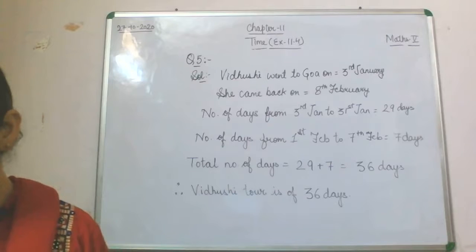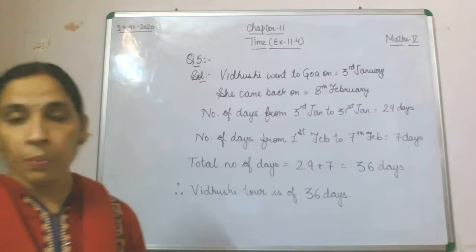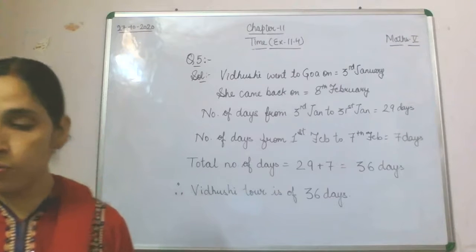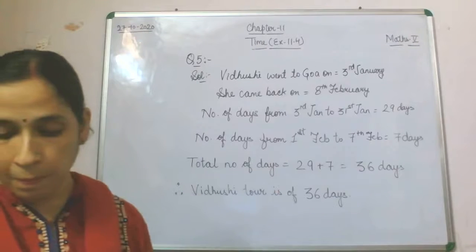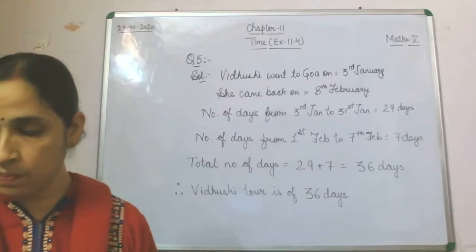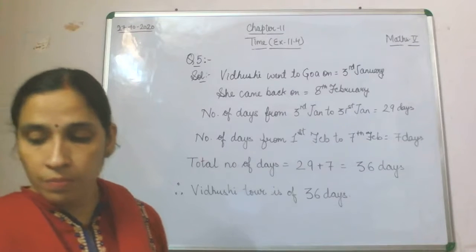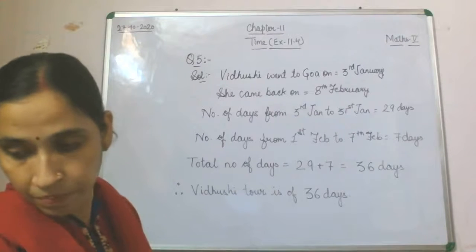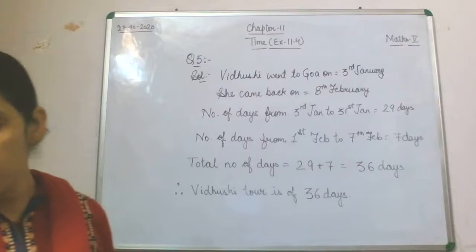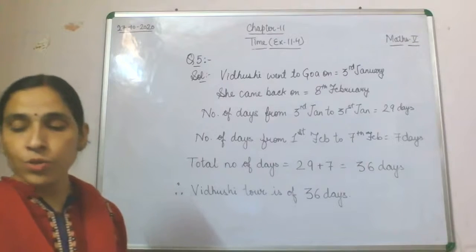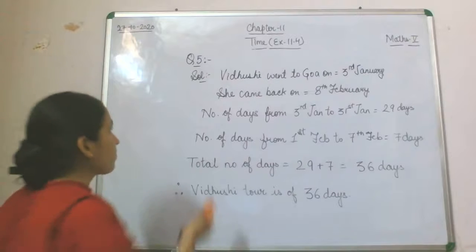Now we will move to the next question, question number 6. A school closed for summer vacation on 2nd May and reopened on 8th July. For how many days did the school remain closed?